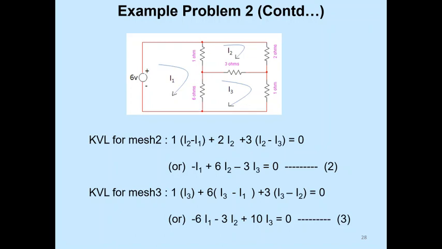Now we can arrange them into a matrix form. The question is to solve all the currents in the given circuit. We have already written the 3 mesh equations, and now we are going to arrange these 3 mesh equations into a single matrix.